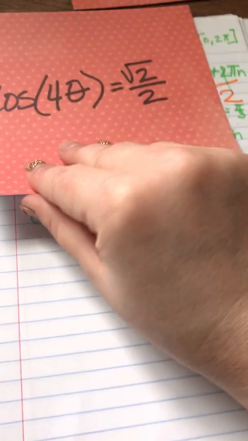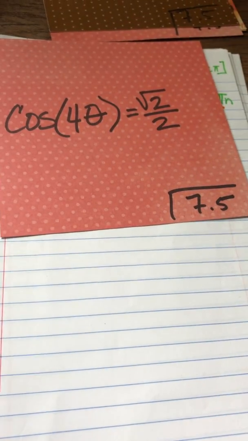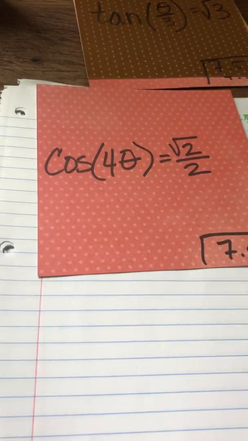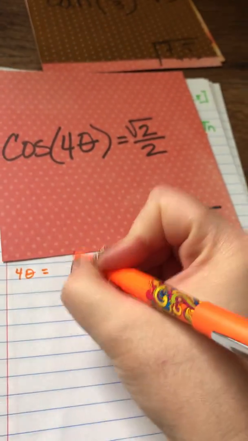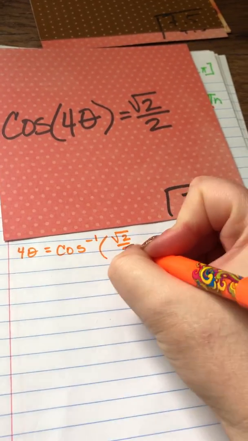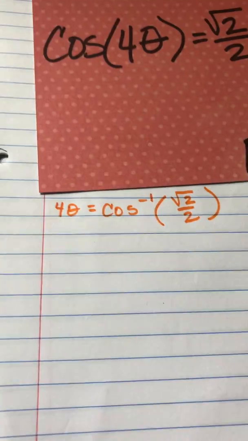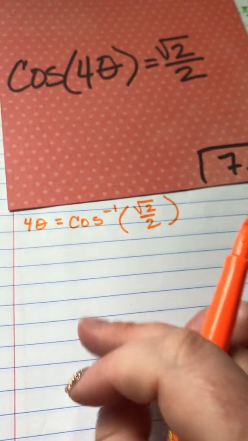Let's say cosine 4 theta equals square root of 2 over 2. Well, first you put a cosine inverse on it, and you get 4 theta equals cosine inverse square root of 2 over 2. Okay? Then we take care of the cosine inverse of square root of 2 over 2.